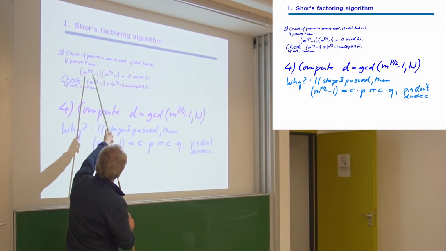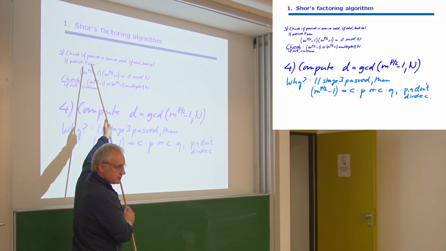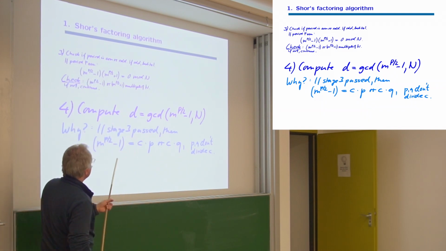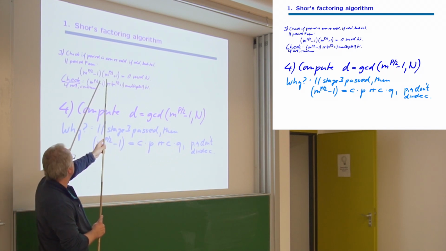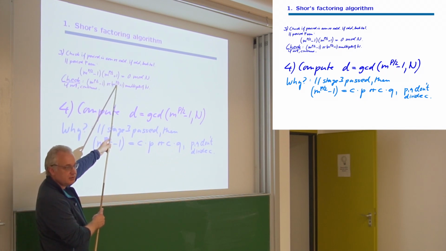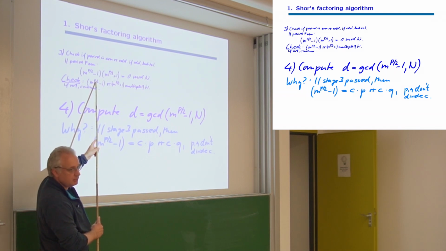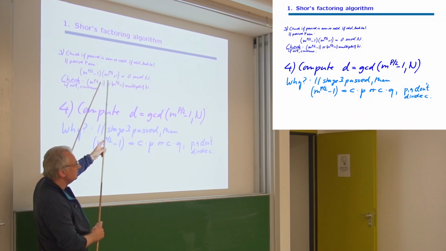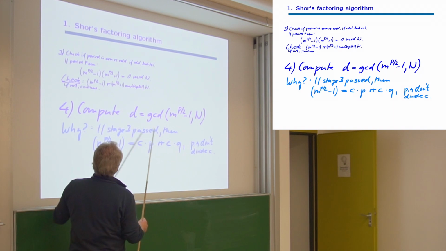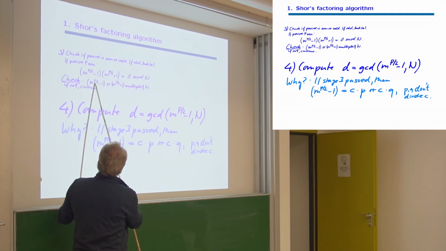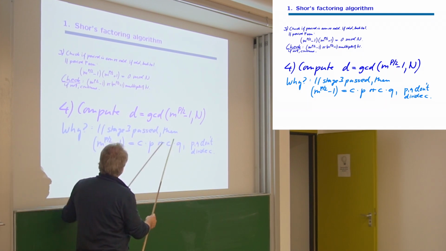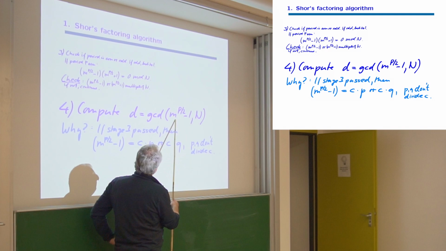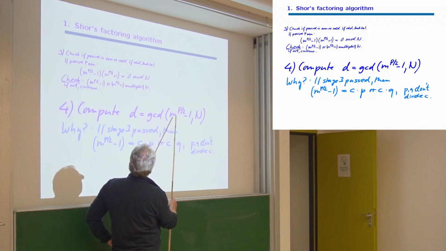So what we have just excluded in the third step of the protocol is that both prime factors go into the same factor over here. Because if they did, that thing would be a multiple of our integer n. So this means now one of them, say p, ends up here, and the other one of them ends up in here as a factor. So that's why when we compute the greatest common divisor, we get these factors p and q out.